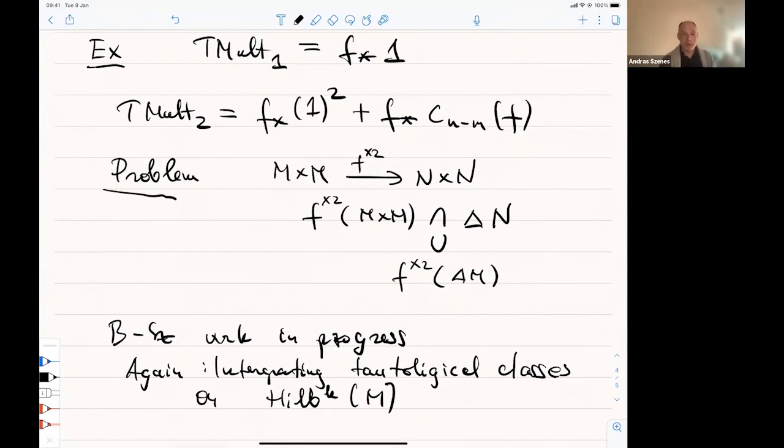This is where the work is, but I need to stop here.